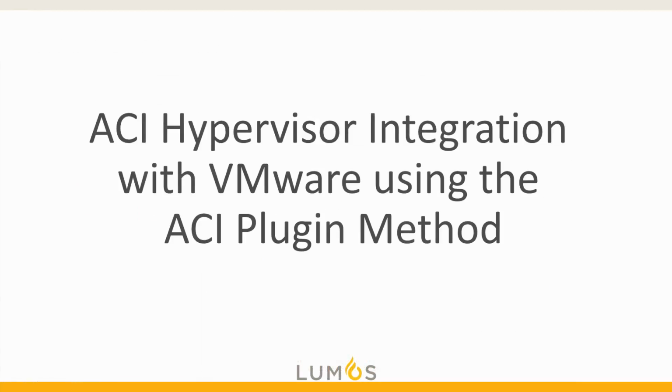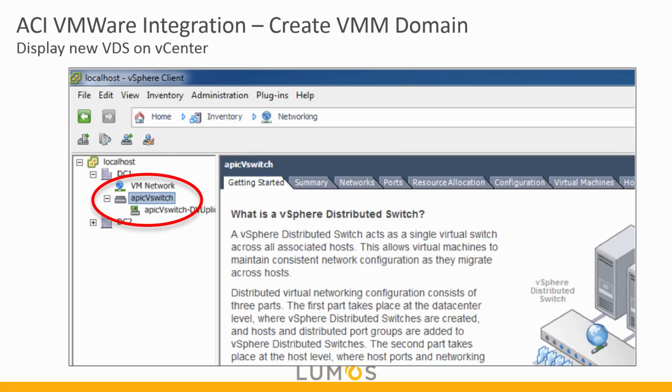So now let's begin taking a look at the ACI hypervisor integration with VMware using the ACI plugin method. So this is where the VM admin is going to essentially be able to do everything from their side alone. I shouldn't say everything. There is a little bit of a caveat.